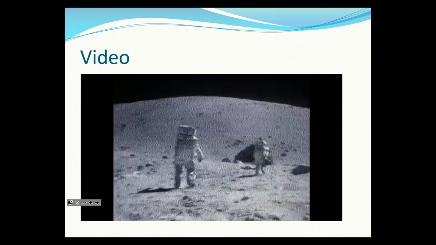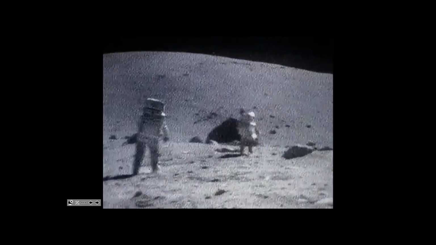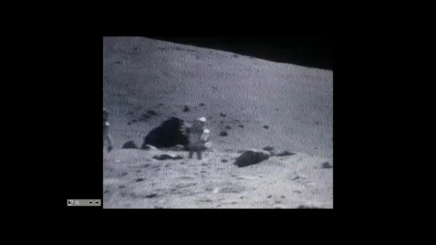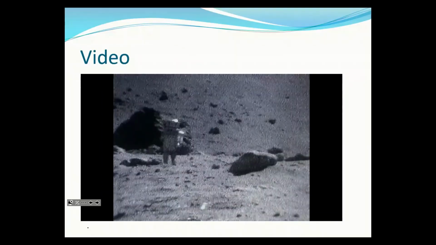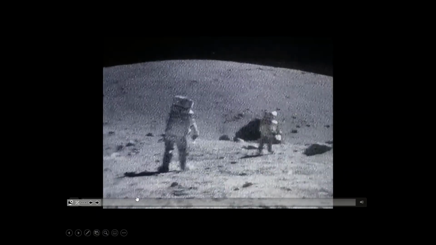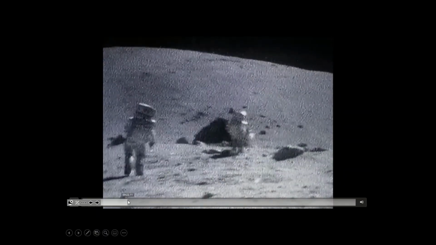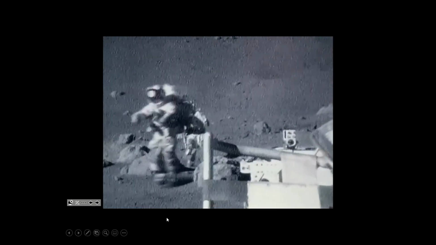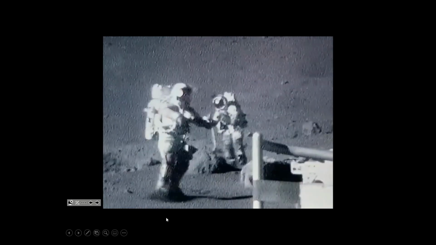Well, it has to do with what gravity looks like on the moon. So you can see how they move on the moon. Sorry, let me just switch to my pointer. There we go. So you can see how everything looks like it's slowed down. They can hop so much higher, and that's because it has such a small gravitational field. And he's going to fall down in a second here.